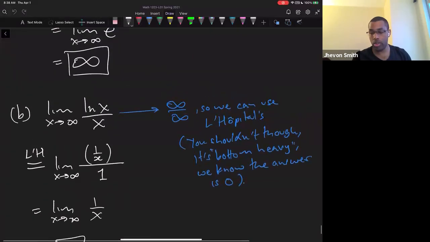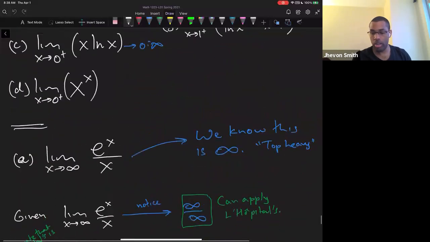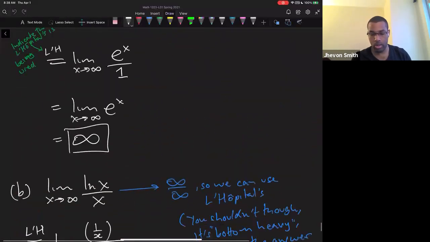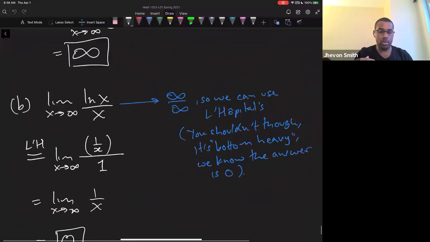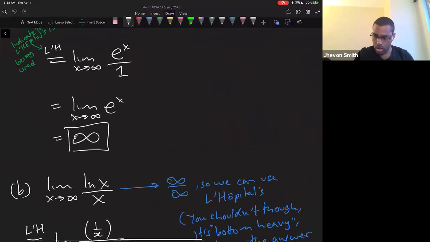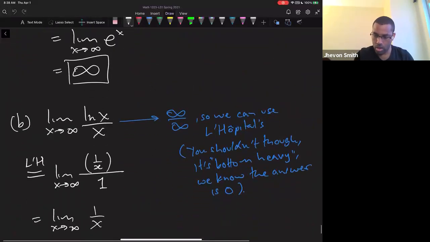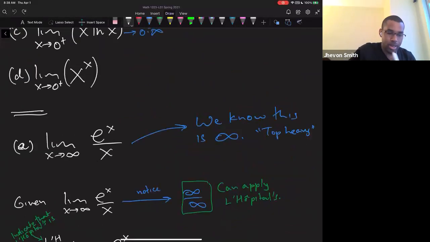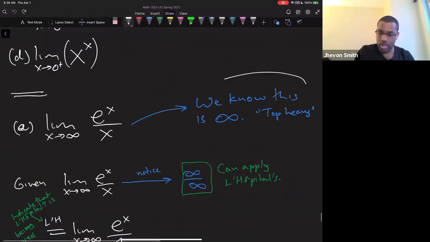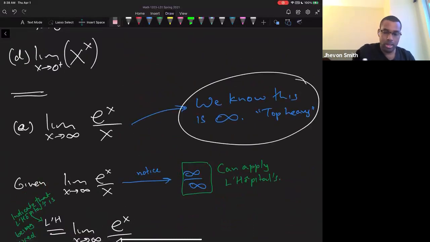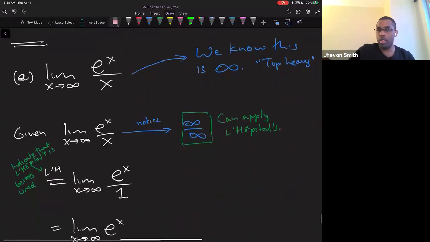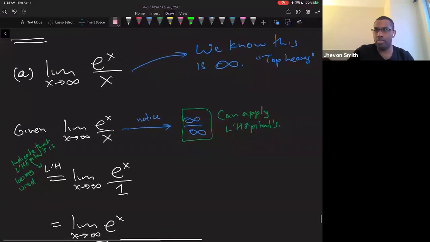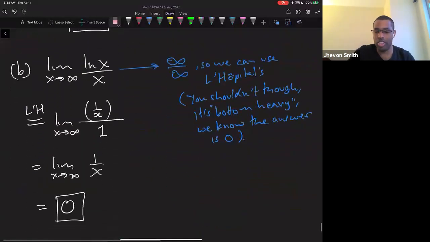Now, just so you know, we could have solved these guys without L'Hopital's rule. Right? So, which I mentioned here. And I mentioned here. Right? So with limits like these, I probably wouldn't use L'Hopital's rule because it's just not necessary.